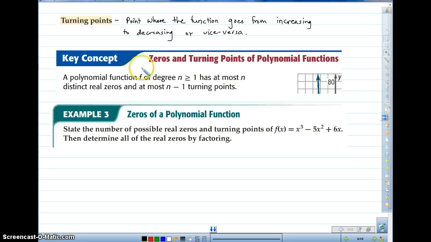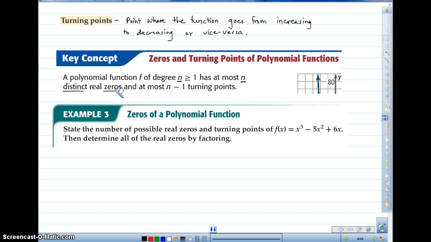Okay. Now there is a little bit of a concept for turning points. If you have a polynomial function, and you can identify the degree of that function, meaning the highest degree, that'll help you determine how many turning points it can have, as long as that degree is greater than 1. So if you know the degree, that tells you two things. It tells you first the number of zeros.